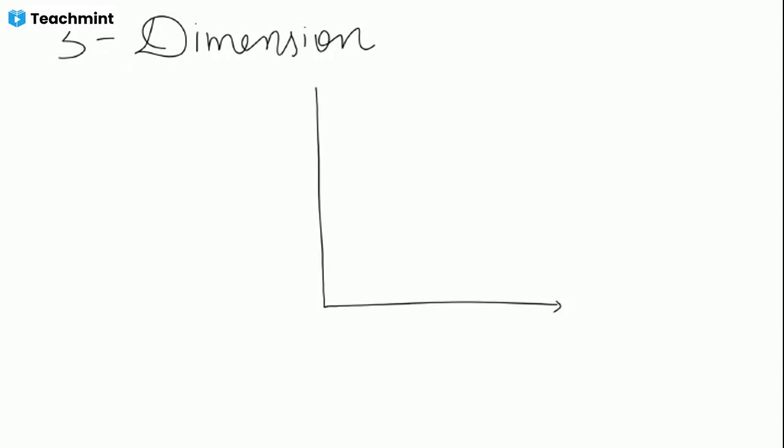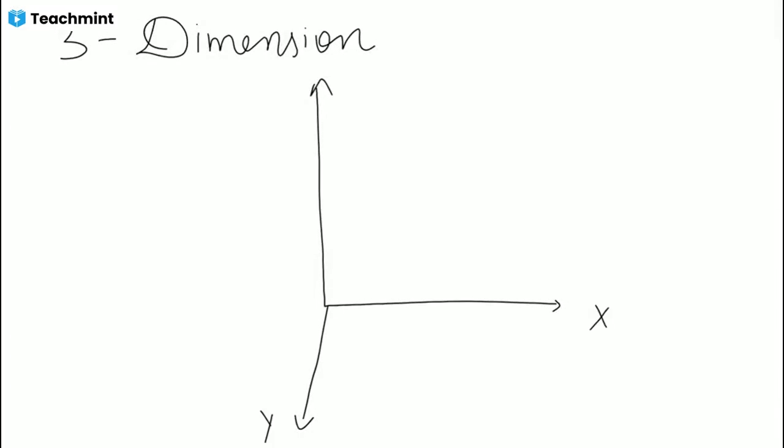And in three dimensions, how can we represent it? We have the x-axis, y-axis, and also the z-axis. We have unit length i, unit length j, and unit length k. We have any vector here in space. Obviously, in three dimensions we have everything in space.